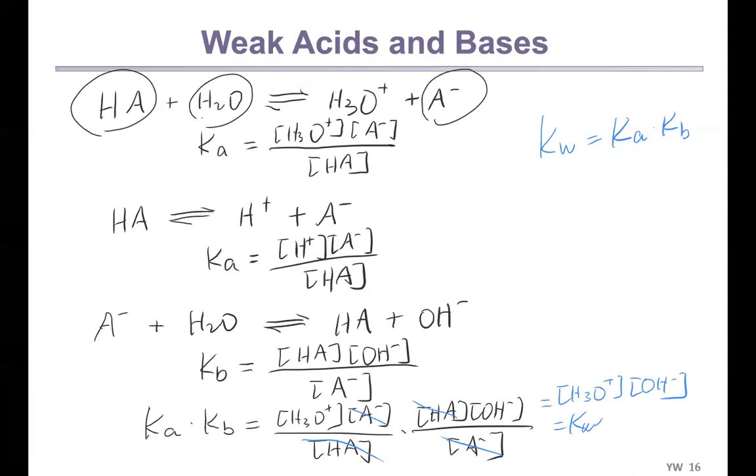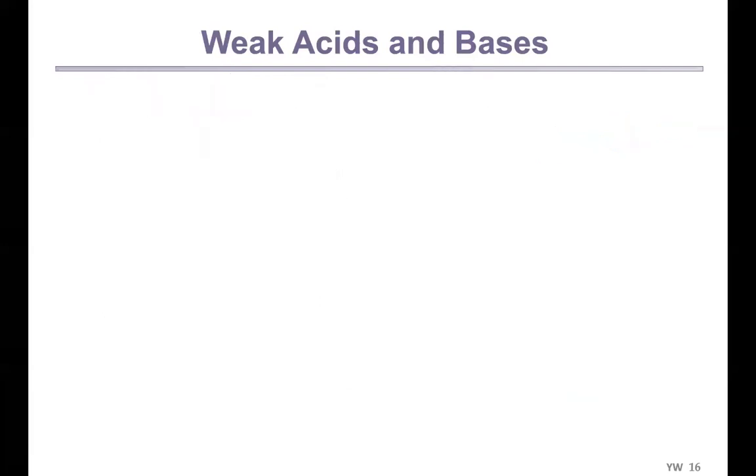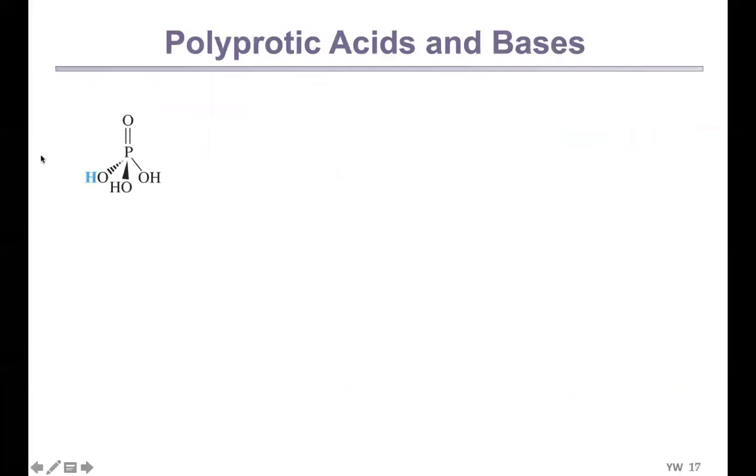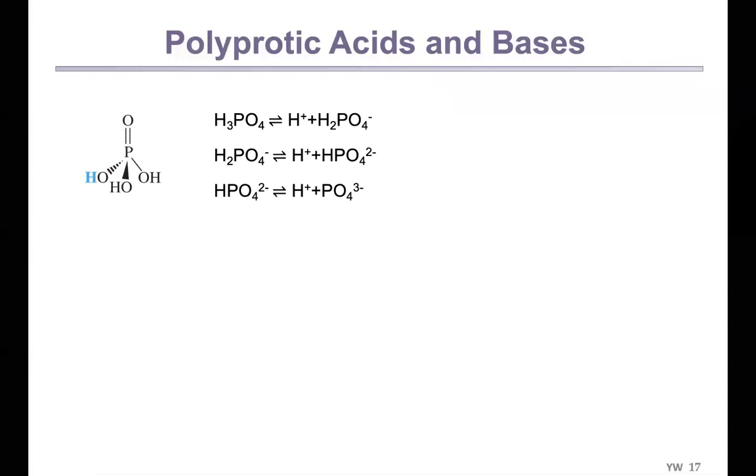This is when we are considering a monoprotic acid and base, meaning that there's only one proton that can be dissociated from the acid. But what if we have multiple protons? For example, we have this phosphoric acid. It has 3 protons that can be dissociated. So it's called a polyprotic acid. And if you write the dissociation reactions for the polyprotic acid, you can write 3 steps, right?